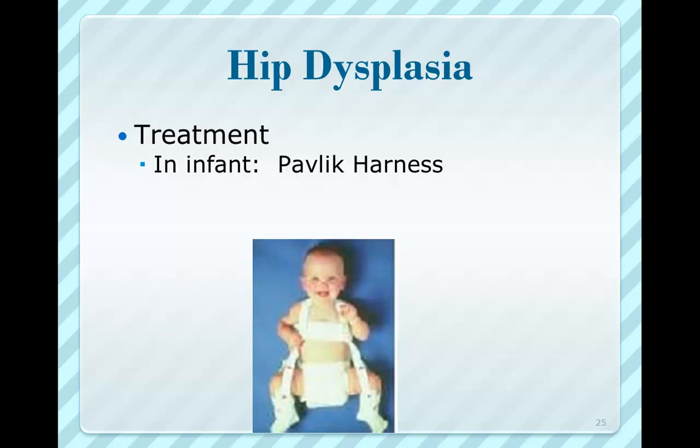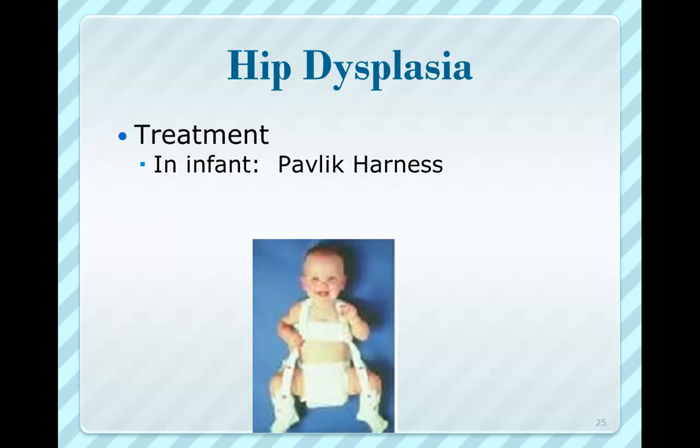Other options available, one's called the Pavlik harness. And the Pavlik harness is canvas straps, and it just really goes over the shoulders and attaches to the feet and legs. And the purpose is to flex and abduct the hips. Obviously, you can change the diaper in this baby without a problem.